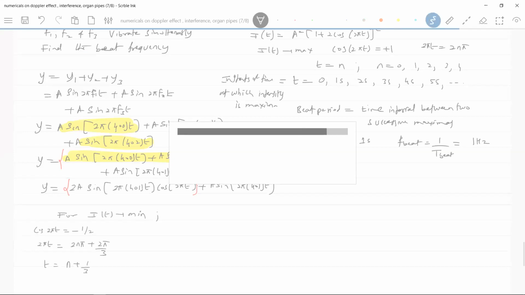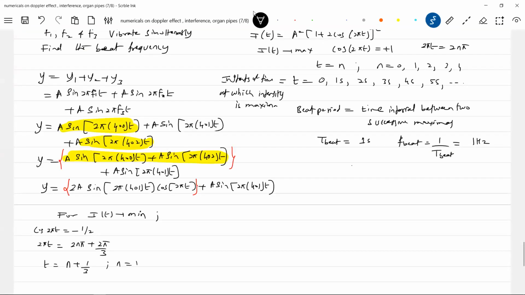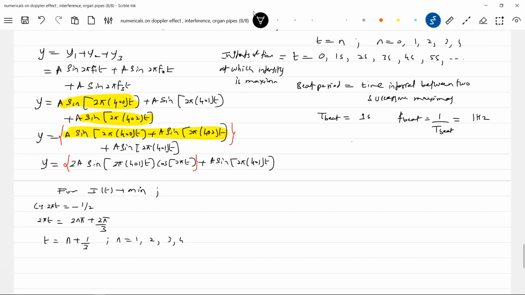What are n? n will start from 1, 2, 3, and so on. So now I got the instants of time. I'll write it as, it will start with n equal to 0 also, no? Yeah. 1 by 3 seconds, 2 by 3 seconds.